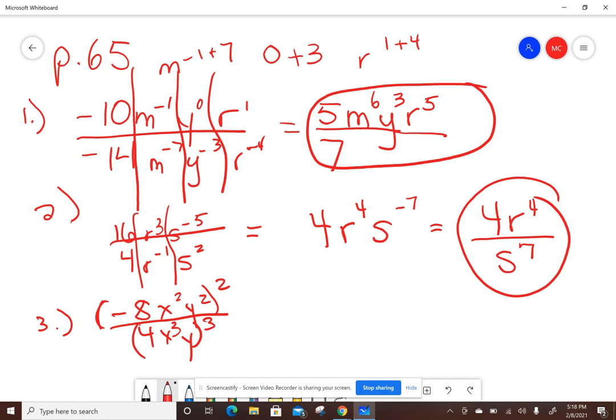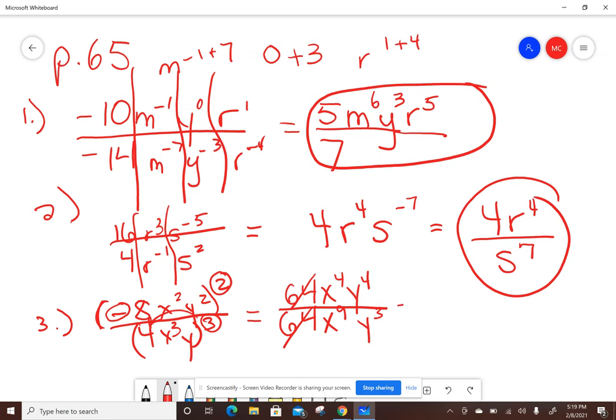Okay, so first I have to apply the power of a product rule in the numerator and in the denominator. Now, a negative raised to an even power is positive, so that's a 64 x to the 4th, y to the 4th. I multiply the exponents. 4 cubed is also 64. Now I multiply 3 times 3 is 9, y cubed.